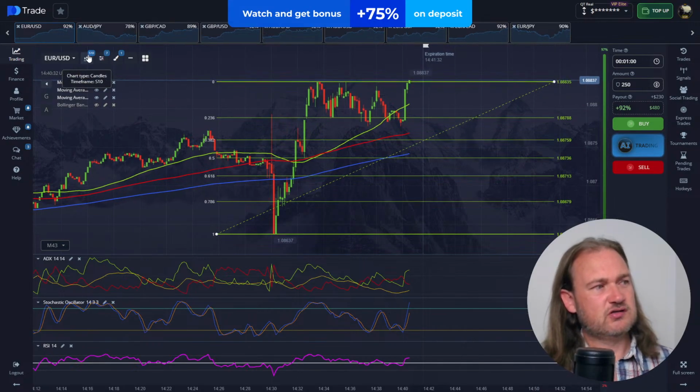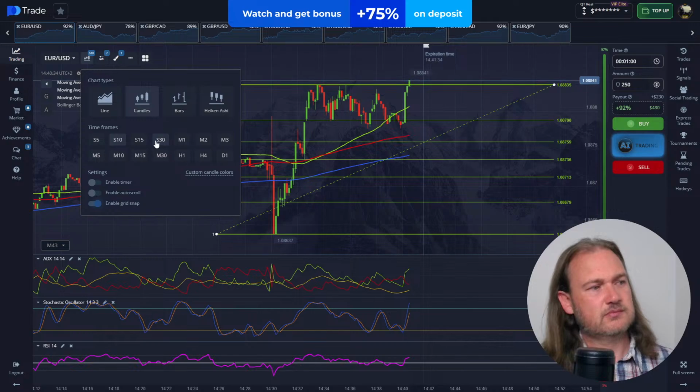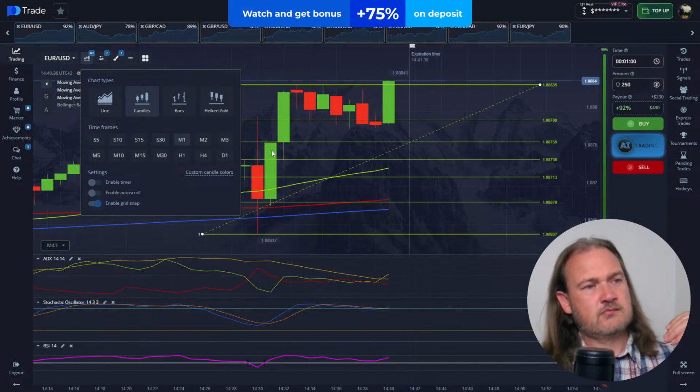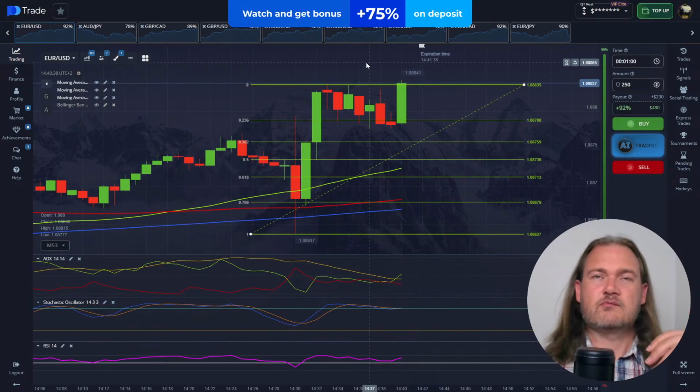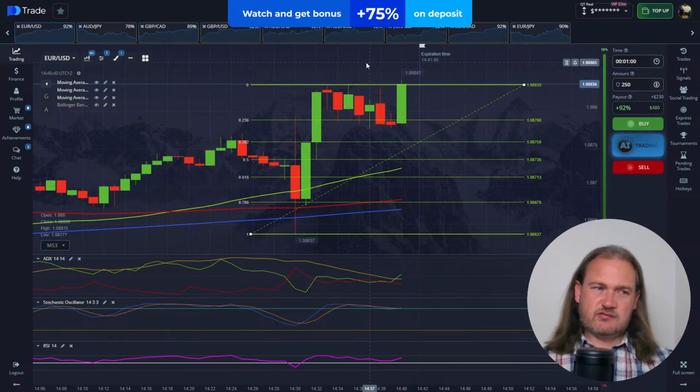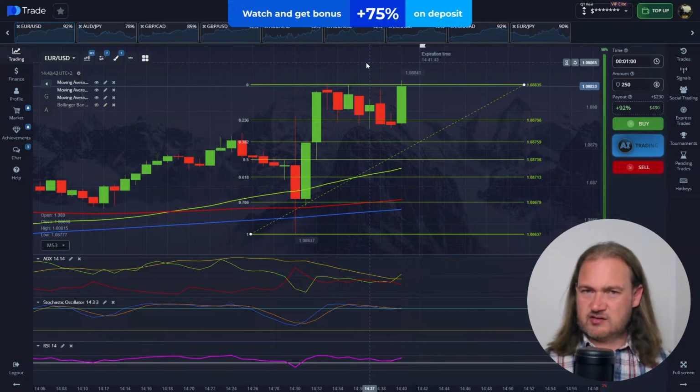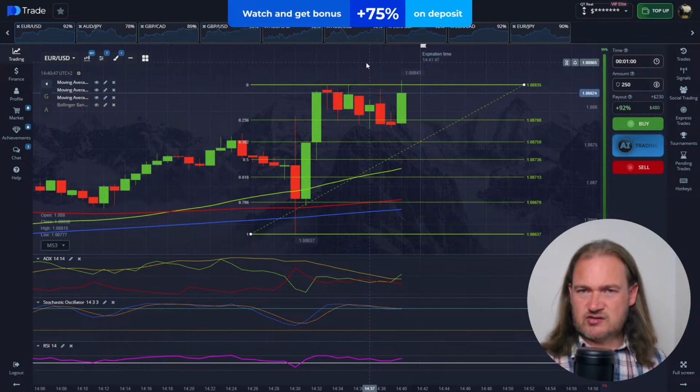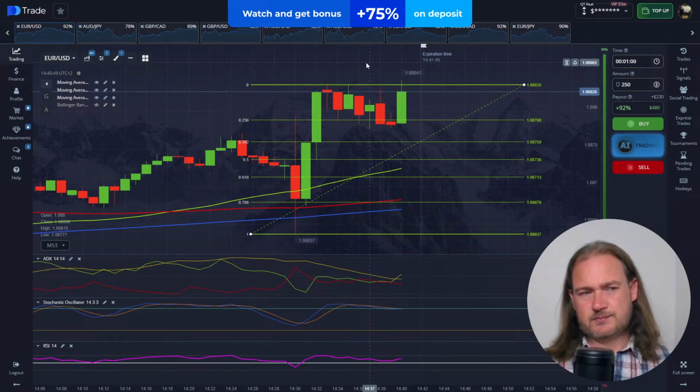And if you do use them, just remember, find the current move, whatever move we're in, bullish or bearish, and use those lows and highs to find your retracement levels.